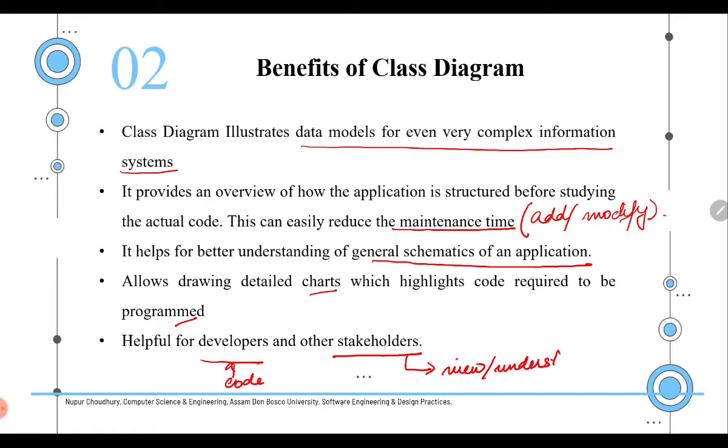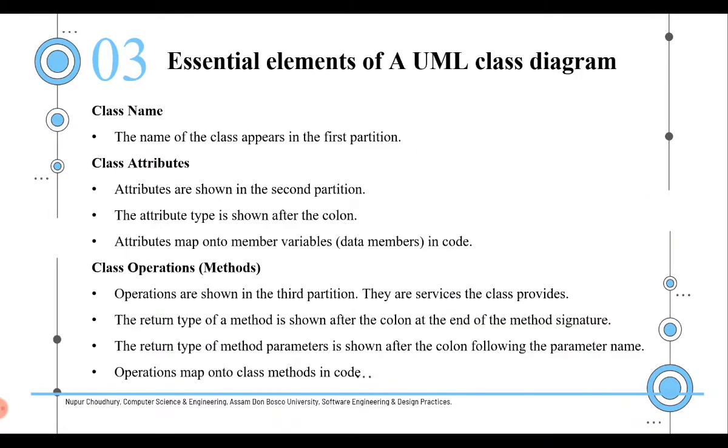Before we go ahead with the behavioral concept, or how your system should behave, we should understand what the composition of that system should be. The essential elements of a UML class diagram are the class name, the attributes, and the class operations.